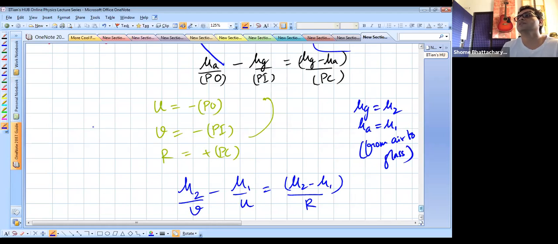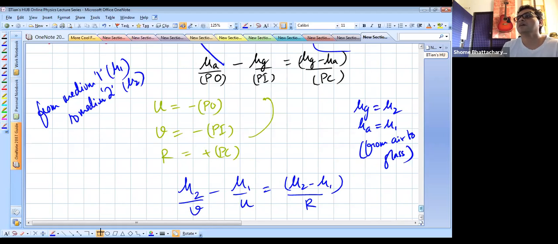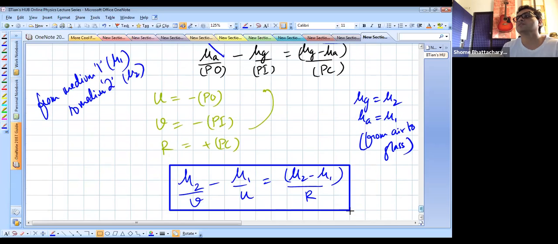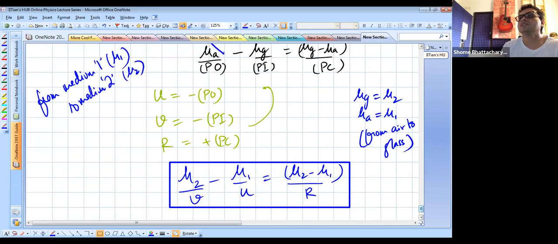Okay. In other words, it is from medium 1, which has a refractive index mu1, to medium 2, which has a refractive index mu2. So for this reference and with a Cartesian sign convention, our final formula becomes this. So this is the generic formula that we'll apply every time there is refraction at a spherical surface.